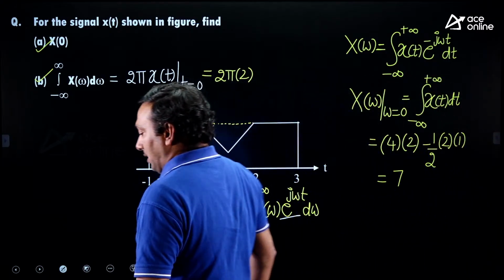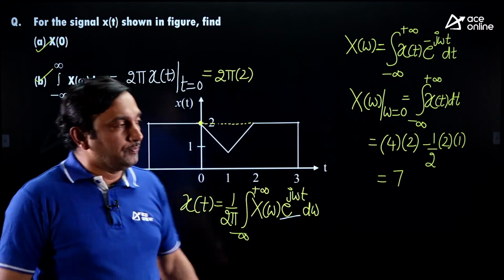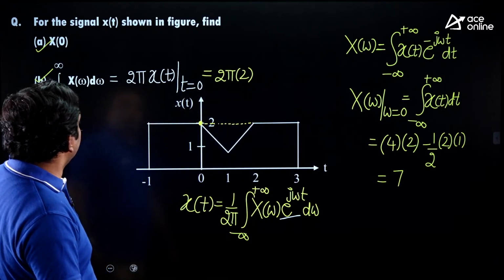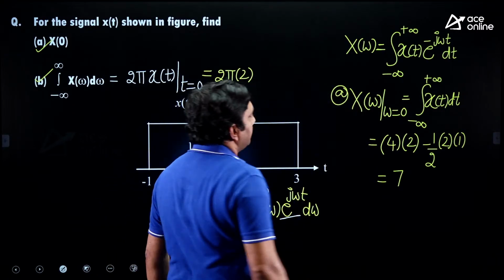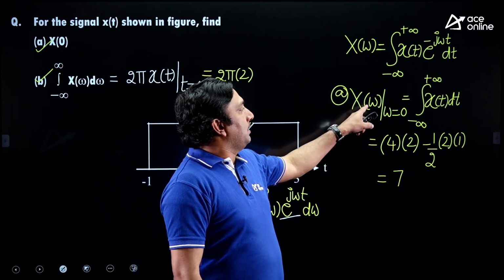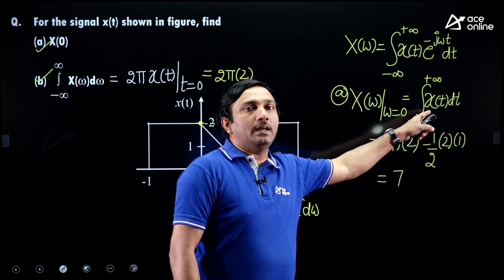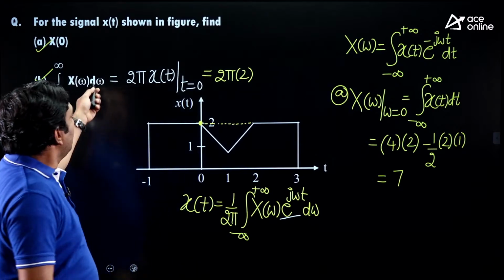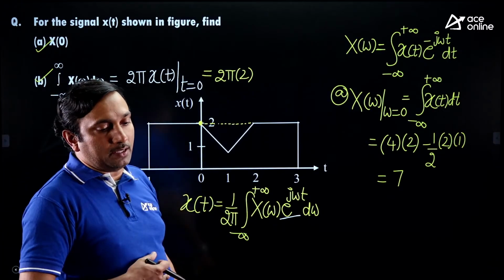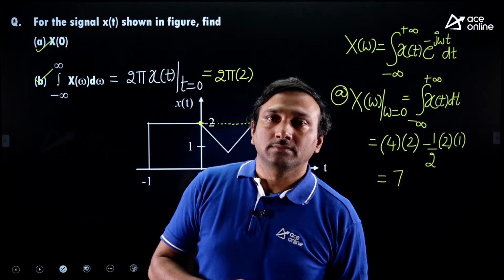So this is also one regular model in exams, but the point of observation you should make from the 2 bits is, when you want spectrum at 0, indirectly it is area under the signal. But what happened in the second bit? Area under spectrum means signal at origin.